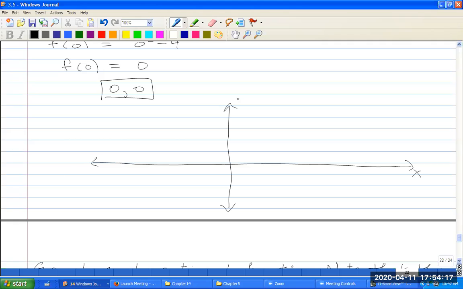I hope I have enough space. Okay, so let's see, 1, 2. Vertical asymptotes are at 2.